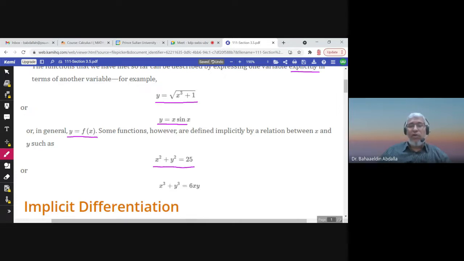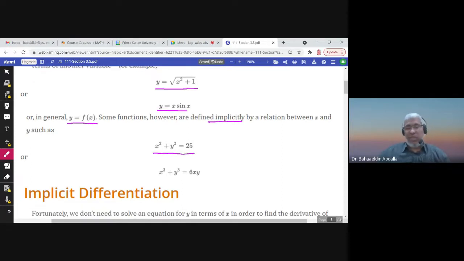We can always assume in this section that y is a function of x, and we say that this equation defines y implicitly as a function of x, because it's not solved for y. The question is how to find dy by dx in such equations.